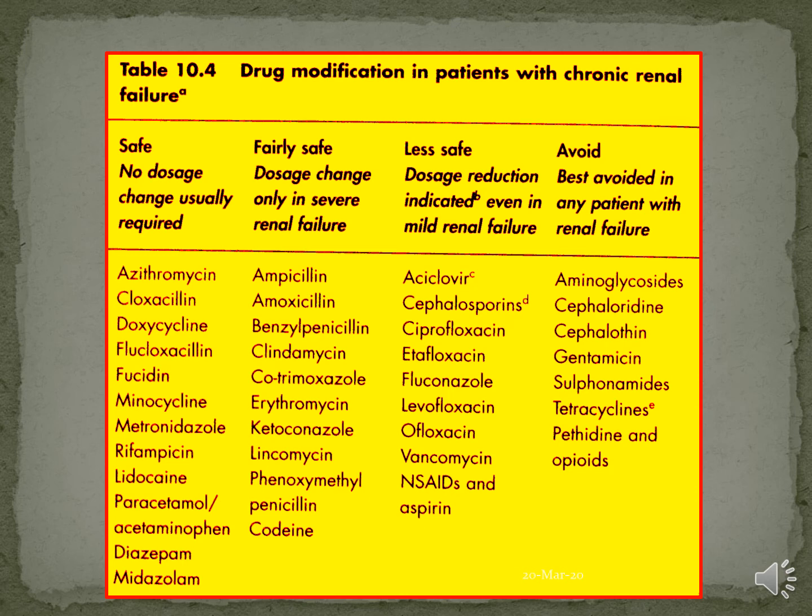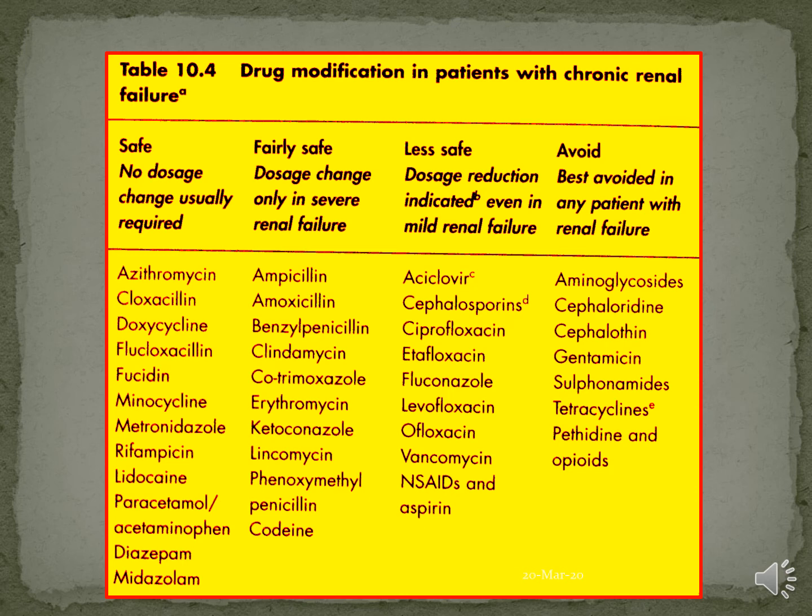Now the drugs to be avoided. We normally have the tendency to substitute amoxicillin with cephalosporins, so we have to be very careful in prescribing cephalosporins also. The drugs which are best avoided in many patients with renal failure are aminoglycosides, gentamicin, tetracycline, pethidine, and opioids. These drugs we do not normally prescribe in routine practice.